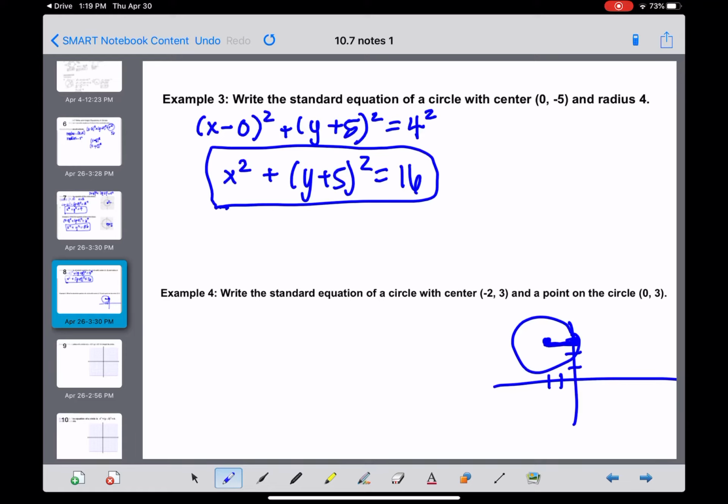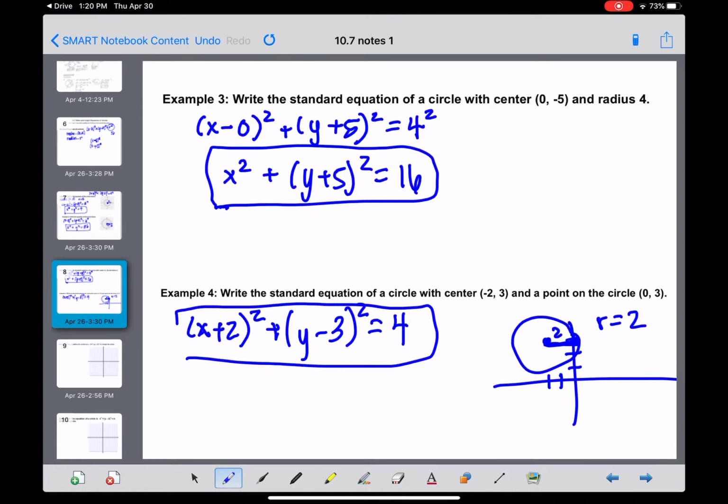Since those are both at the same y value of 3, they're 2 units apart, so our radius is 2. So I'm going to write (x - (-2))^2, which becomes plus 2, plus (y - 3)^2 equals my radius squared, which will be 4. And that's my equation.